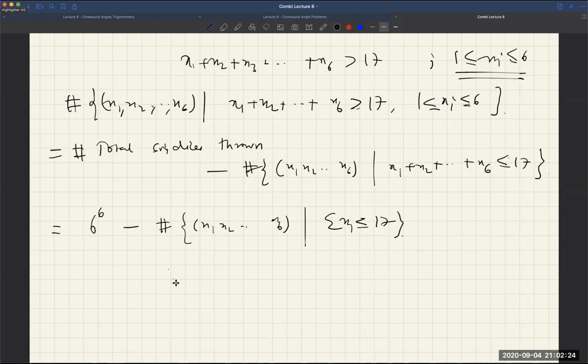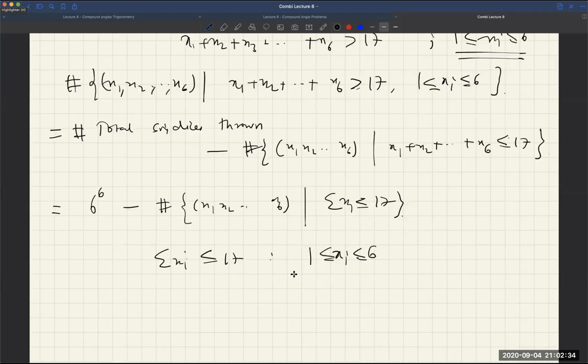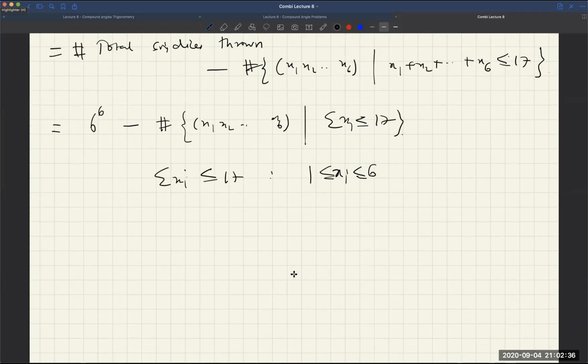Okay, so summation xi is less than equal to 17 where xi is less than equal to 6 and greater than equal to 1. This is the condition on us, right? So how can we take care of this condition? We can write x1 plus x2 plus x3 and so on, x6 plus s is equal to 17.